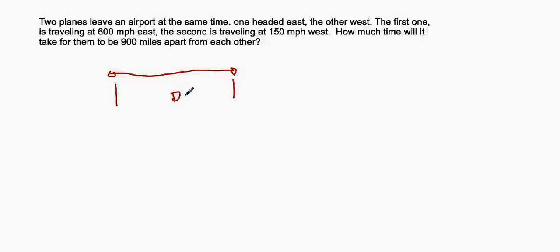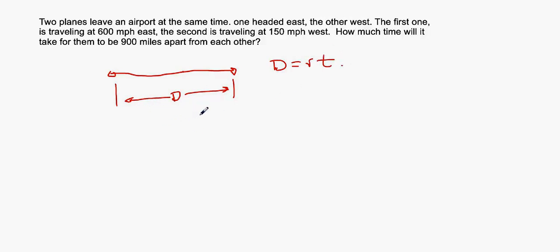Okay, so if we now see that both planes are traveling in opposite directions, the distance traveled is what we are going to use. Total distance equals rate times time.